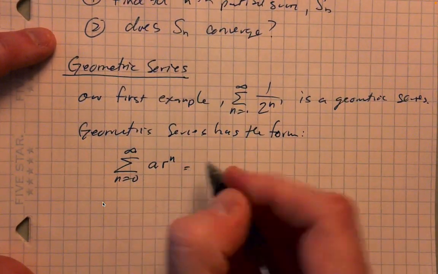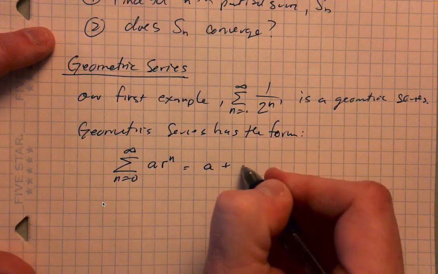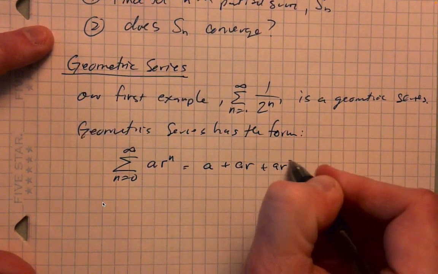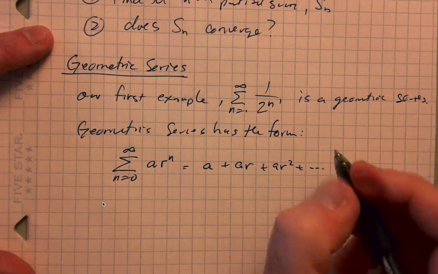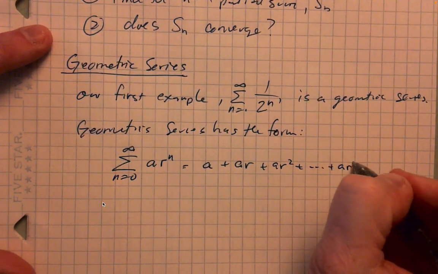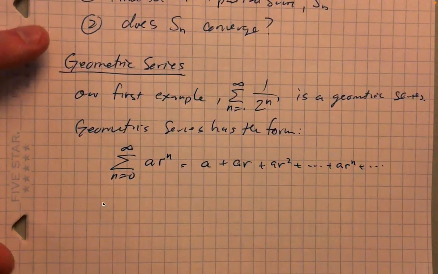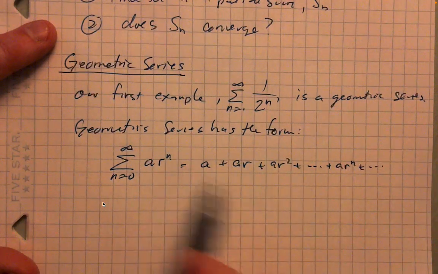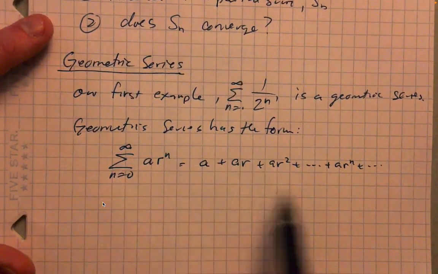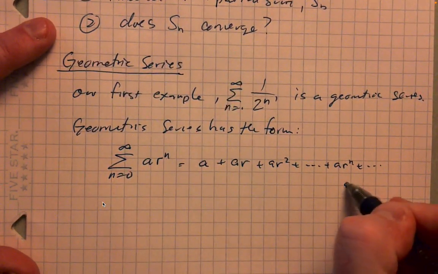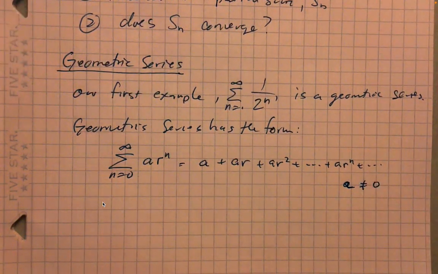This is going to be equal to a plus ar plus ar squared plus dot dot dot plus ar to the nth power plus dot dot dot. Implicit here is that a is not equal to 0. If a is 0, then this becomes very uninteresting.